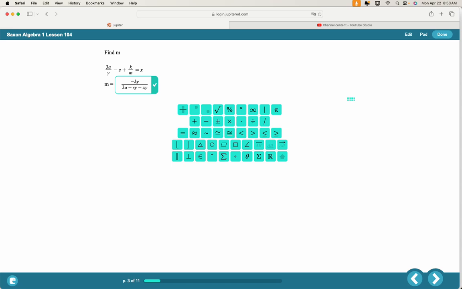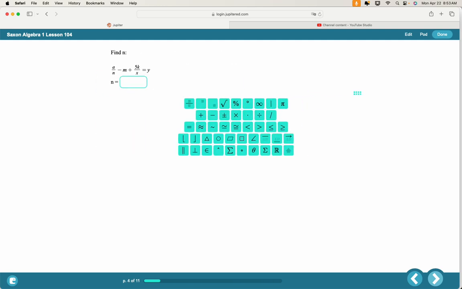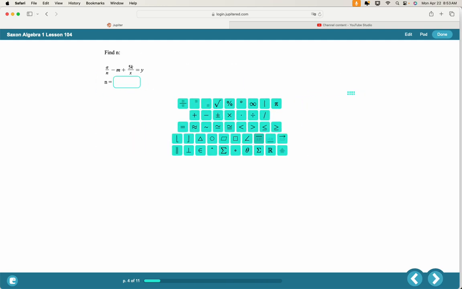You can just take the natural fall. It's just that Saxon doesn't like to have a negative number in the denominator, so it changes it and multiplies everything times -1 over -1. But not everybody remembers to do that, so I'm going to put that in as a possible answer because that is correct. All right, so let's look at this one.